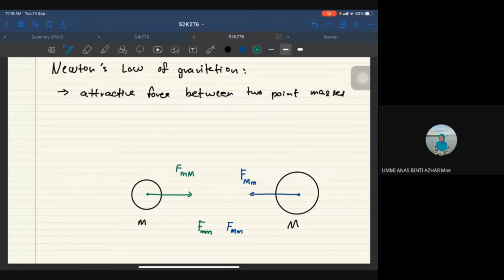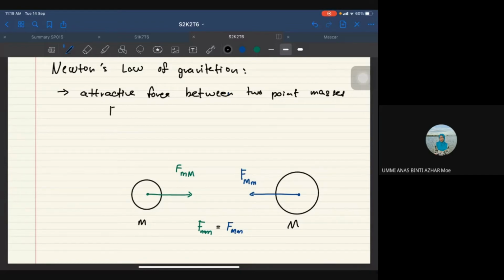Different. Dia sebenarnya adalah equal. So one of the key thing here, dia memang susah sikit kalau kita fikir logik, tapi dia sebabnya force ni dia terbentuk bila ada dua mass ni. So cara nak kira force ni, dia ada formula.